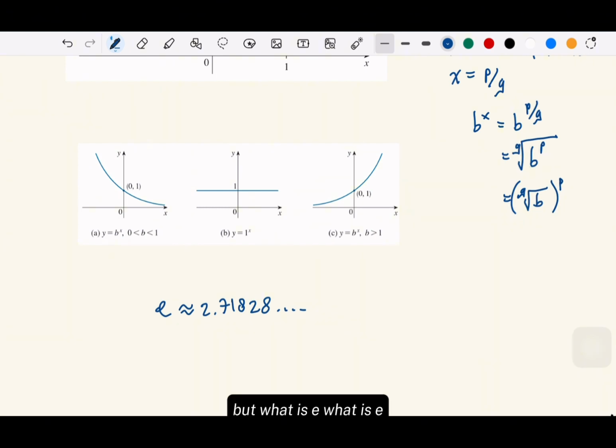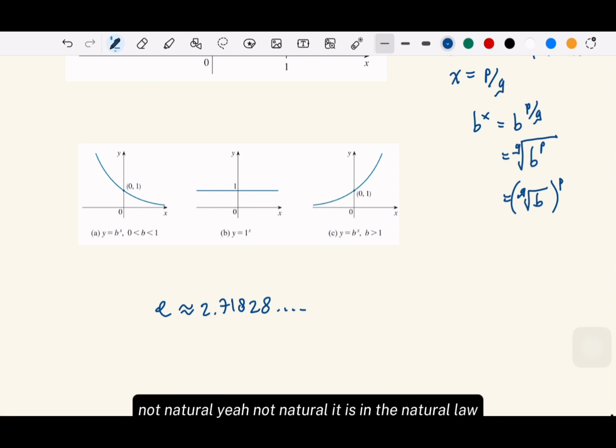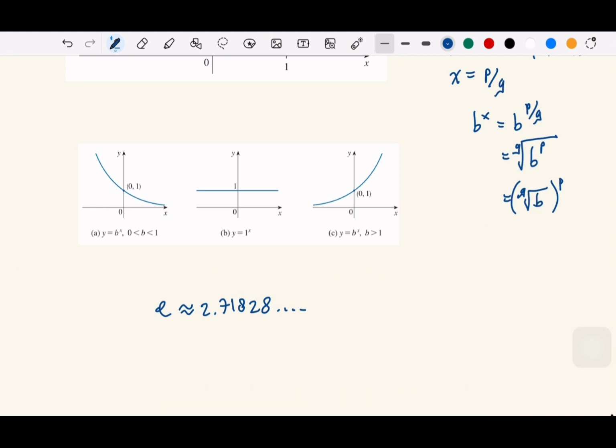But what is e? Natural law. Yes, natural. It's in the natural law. But what is it? Why is it called natural?